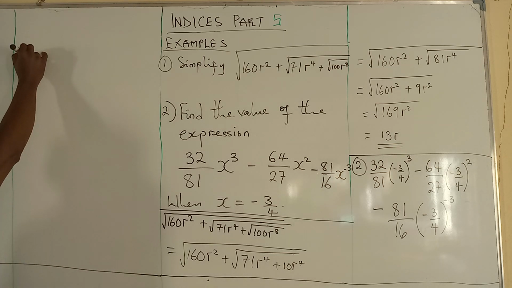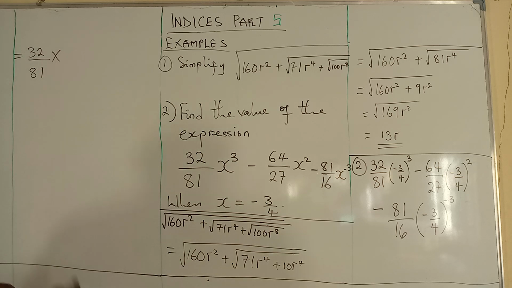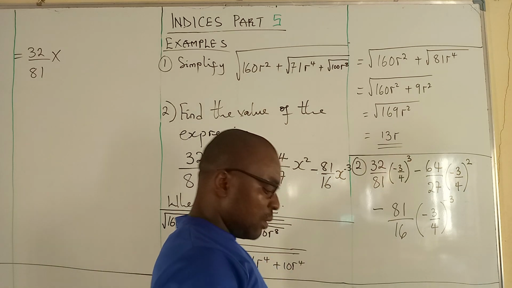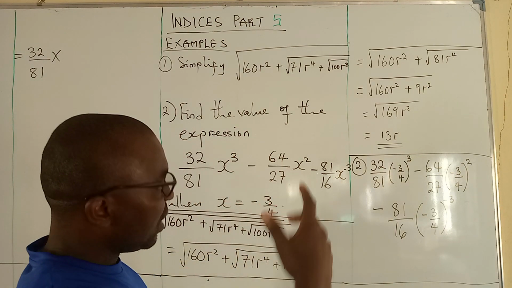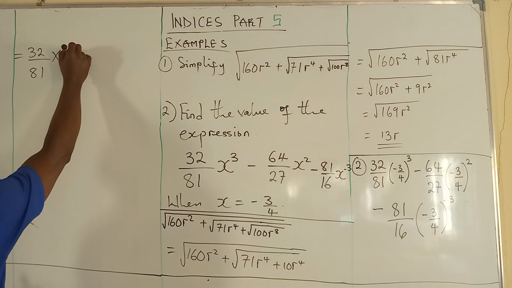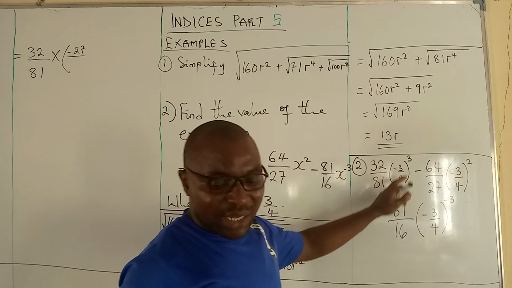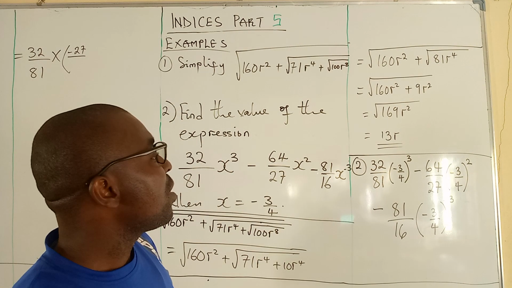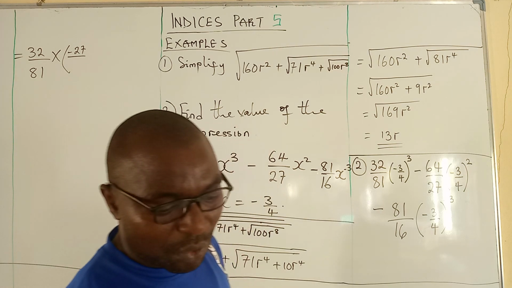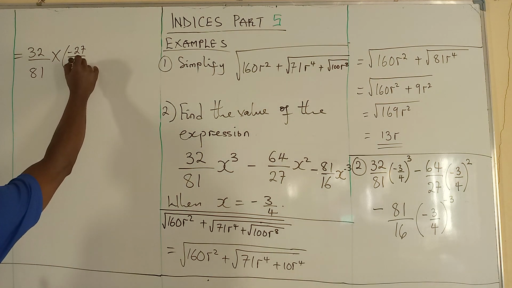That will give us 32 over 81 times minus 3 raised to power 3 simply means minus 3 times minus 3 times minus 3, which will give us negative 27. And then 4 raised to power 3 is simply 4 times 4 times 4, 3 places, which will give us 64.